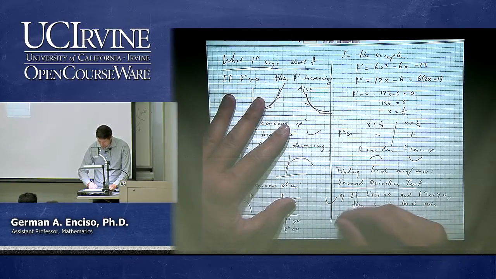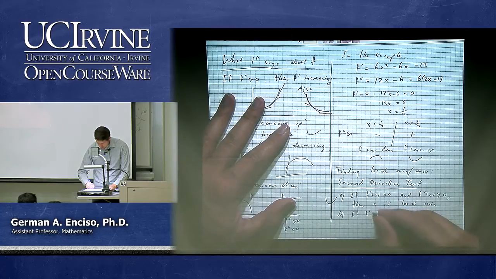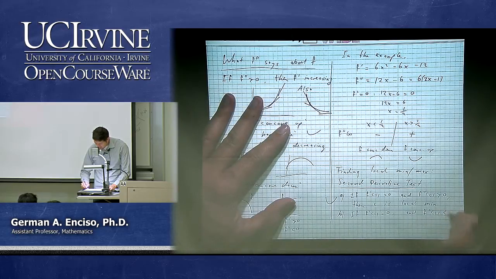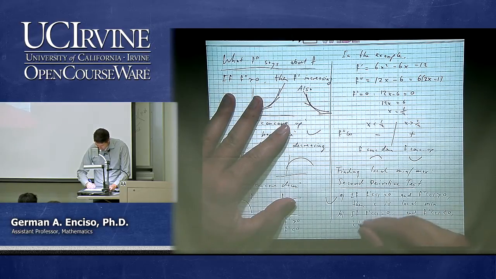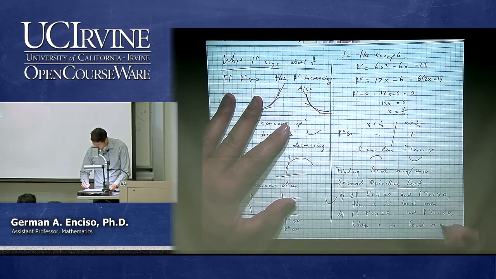Okay, and B says if f prime of c is equal to 0 and f prime prime of c is less than 0, then c is a local max.